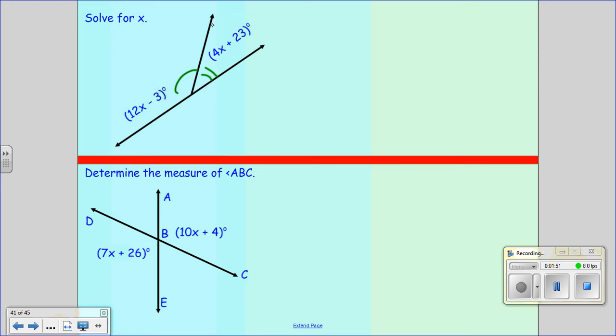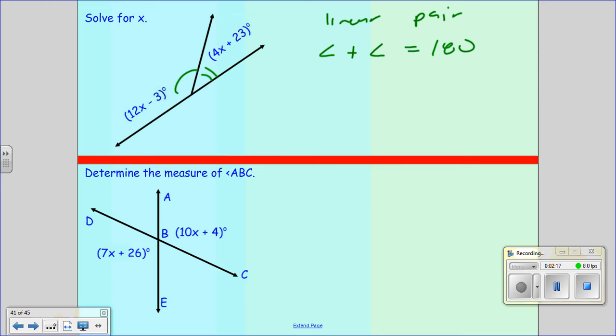But they are adjacent and they form a straight line. So since they're adjacent and form a straight line, that means they're a linear pair. So with linear pairs, you would do angle plus angle equals 180.